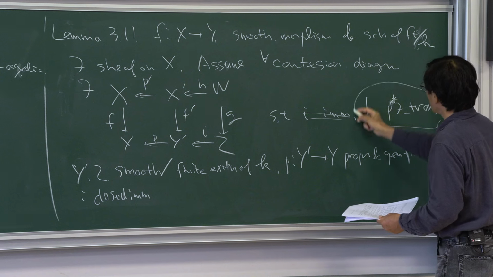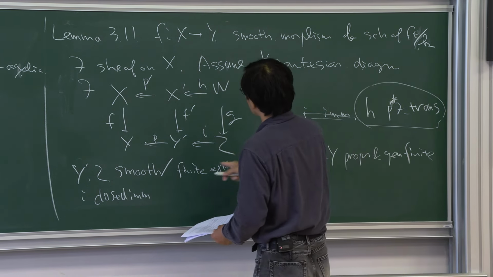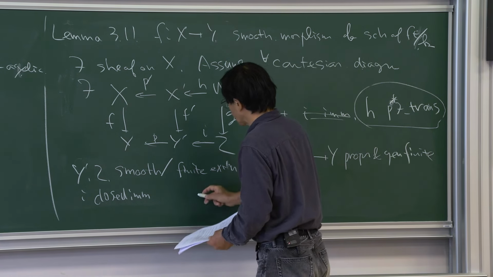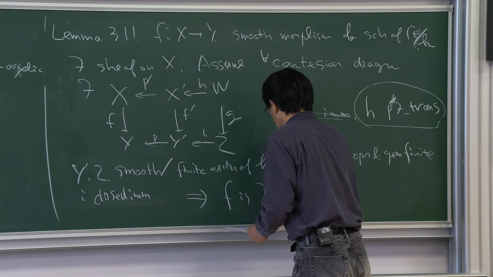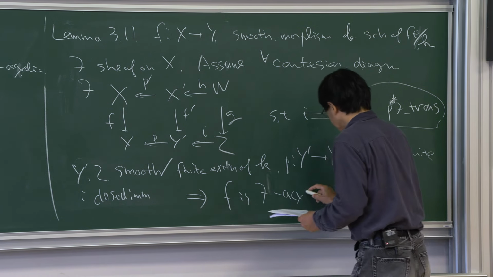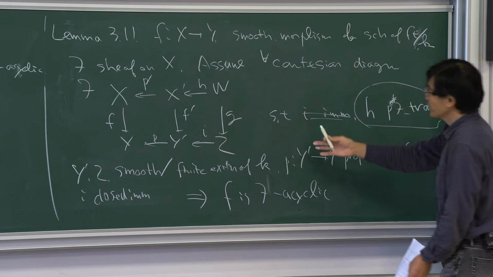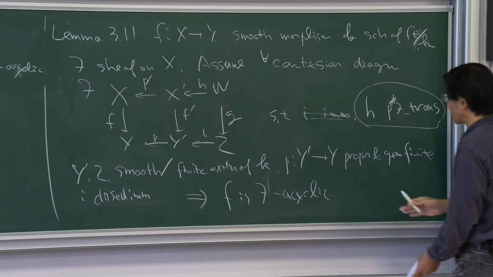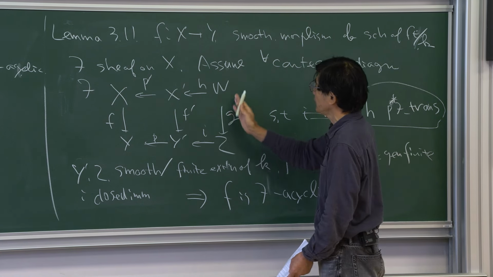We assume this transversality for every such Cartesian diagram. Then the conclusion is that F is F-acyclic. The assumption is rather complicated, but basically this means that we work over some alteration and assume transversality for the pullback on the alteration.